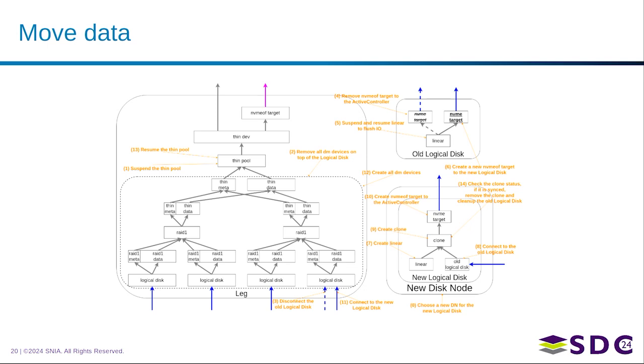So here when we want to move the data, we also rely on the clone target of the device mapper. Similar to cloning a whole virtual NVMe device, in this case, we just create a clone target between the logical disk of the old disk node and the new disk node.